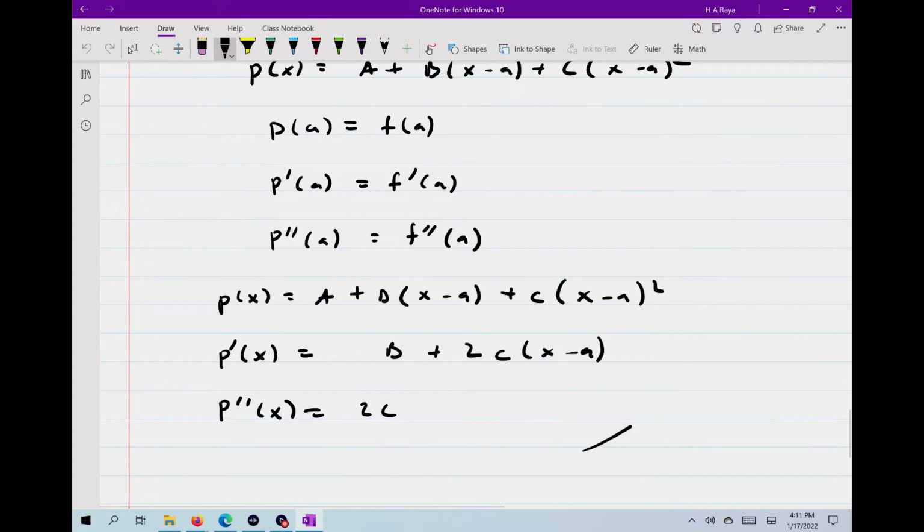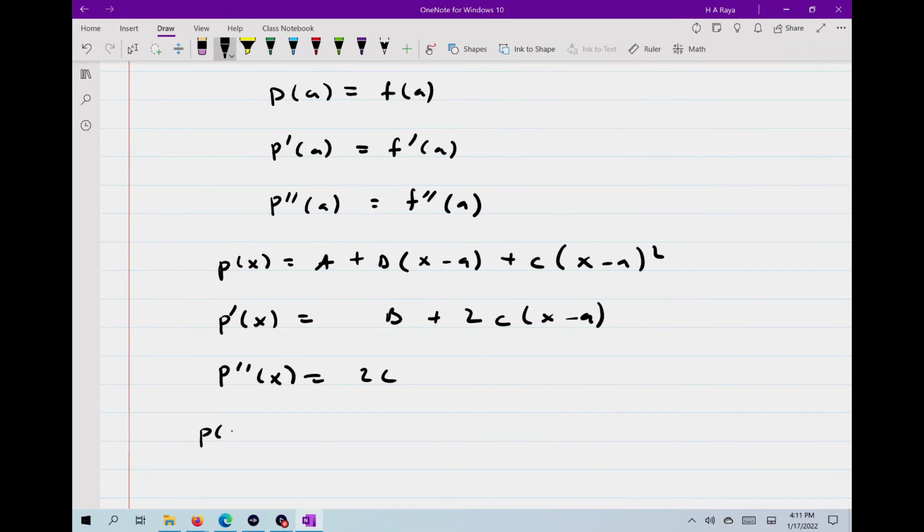If we evaluate these functions at a, p of a would be equal to simply a, p prime at a would be equal to simply b, and p double prime at a would be equal to 2c.